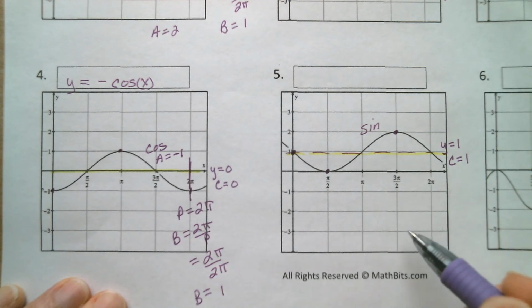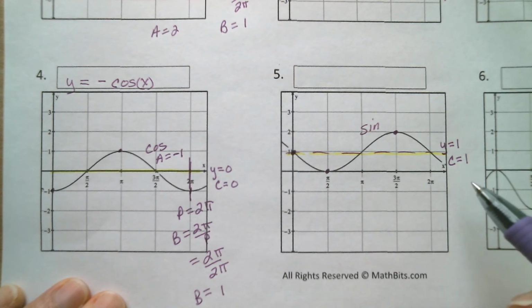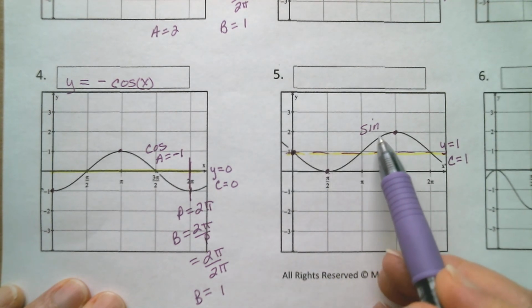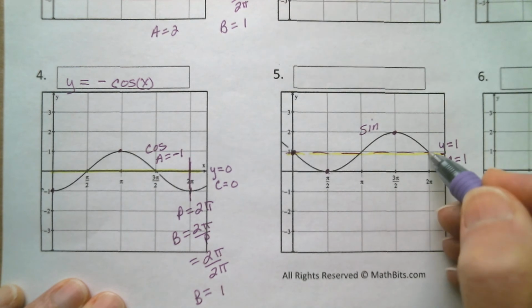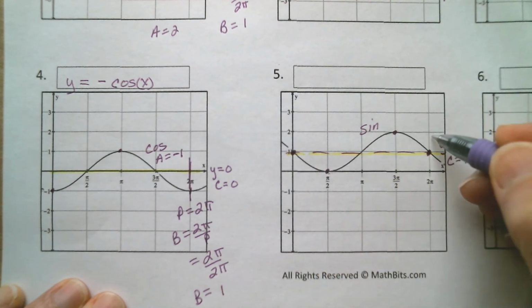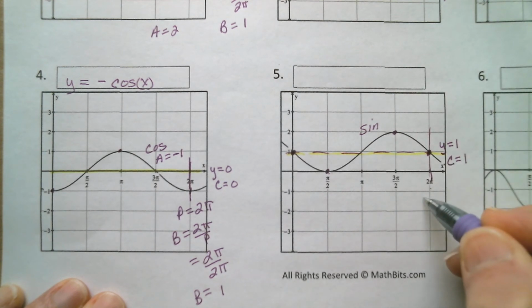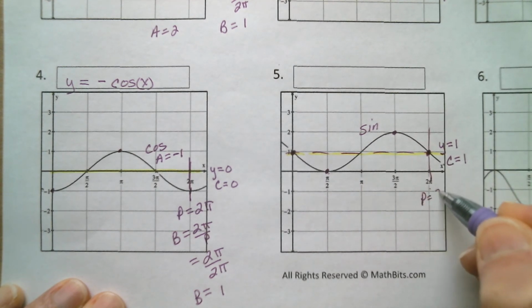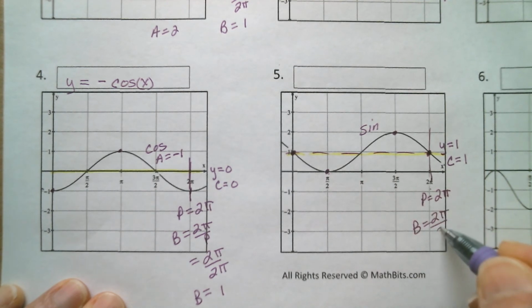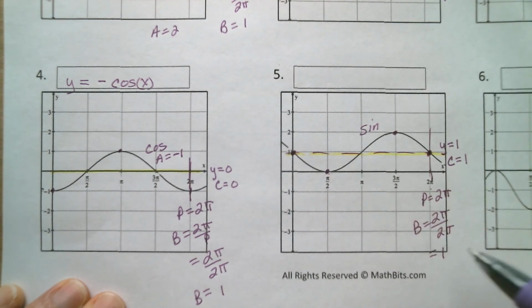What is the length for one complete sine cycle here? Midline, min, max, back on midline. So here's one complete sine cycle, which has a length of 2 pi. So our period is 2 pi, and b equals 2 pi over the period of 2 pi, which is 1.